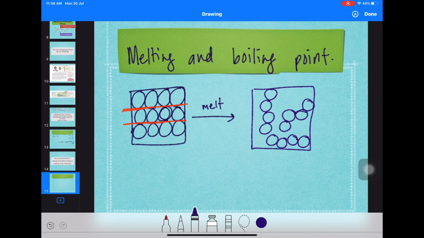So when hydrogen bonds exist in the substance, more heat energy is required to overcome the additional attraction. So substances that form hydrogen bonds among themselves have melting and boiling points that are different from other molecules. For example, ethanol. Its melting and boiling point is quite a bit higher compared to other alcohols.